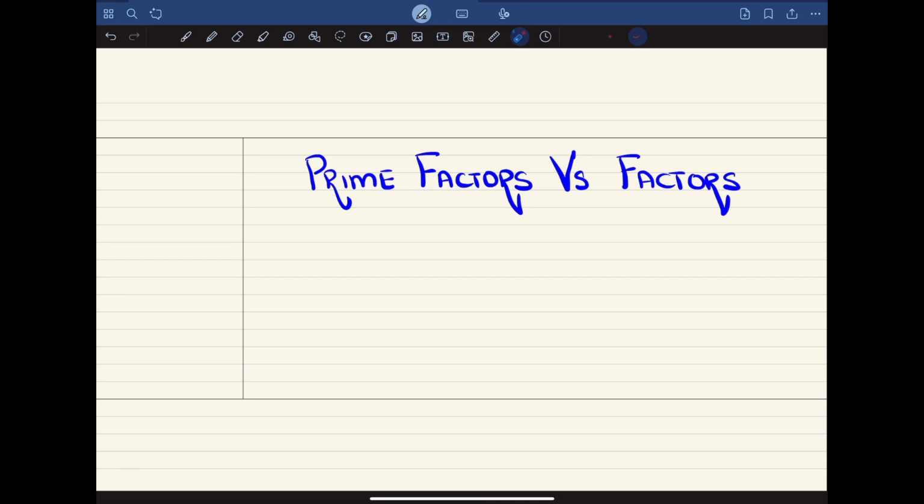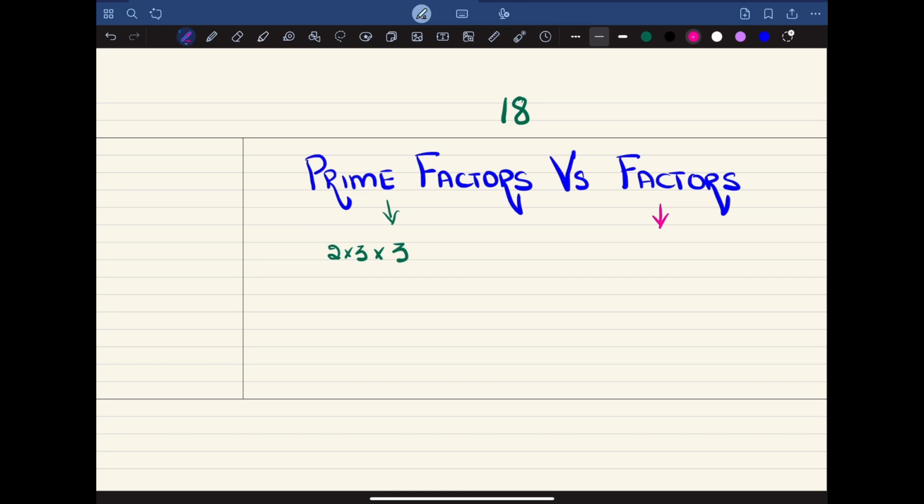Do not confuse prime factorization with factors. They're two different things. For example, what were the prime factors of 18? It was 2 into 3 into 3. What about the factors of 18? Can you list the factors of 18? Numbers which divide 18 completely.